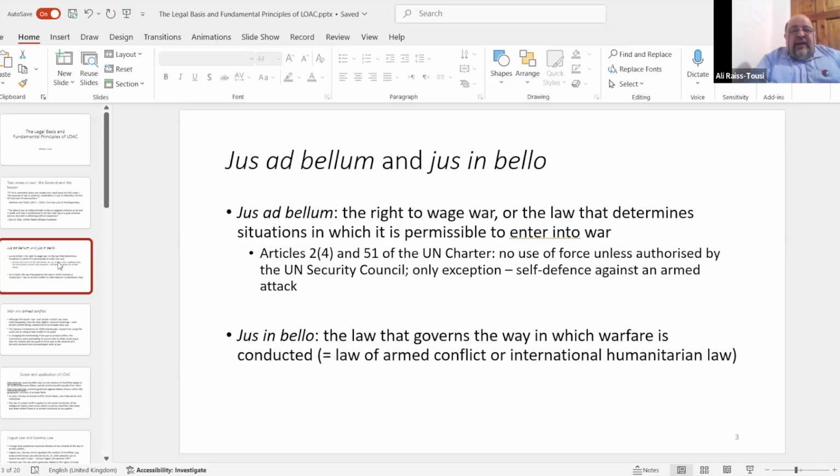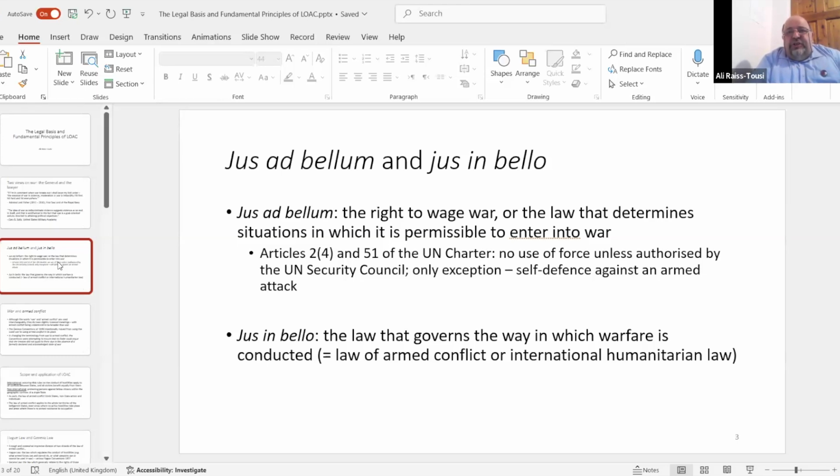you have been attacked and you are defending your own territory, your own country, your own people, or the UN Security Council authorizes the state to enter into war. For example, when Iraq invaded Kuwait back in the early 1990s, Kuwait was unable to defend itself.